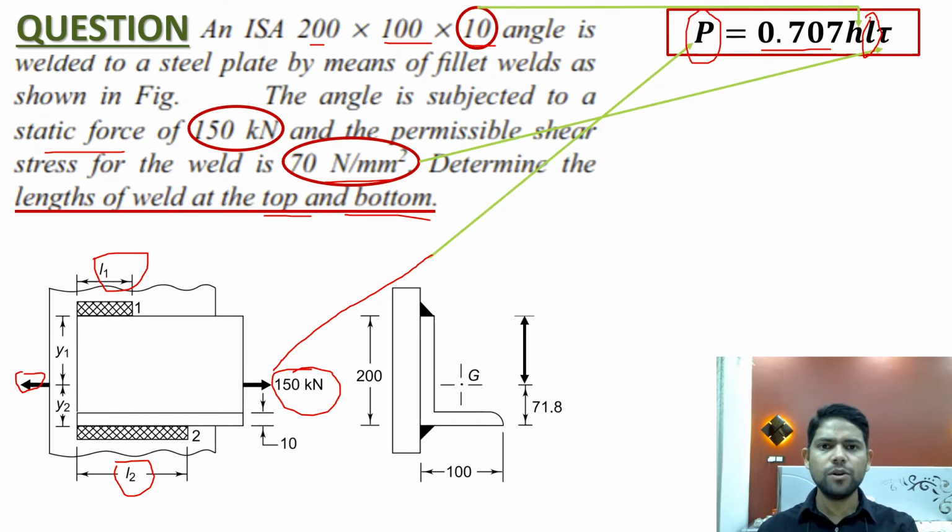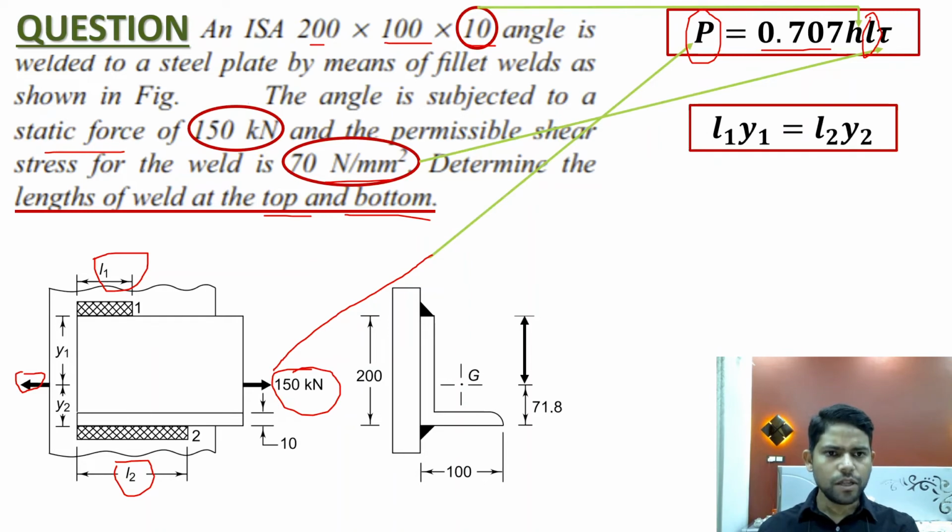So till now we know the total length of the weld, but we need to find the individual length of the weld at the top as well as at the bottom. For that we are going to use this equation, which says that L1Y1 is equal to L2Y2.